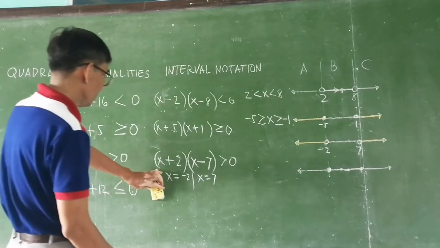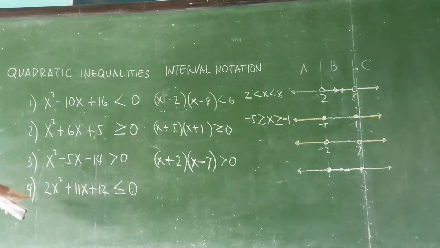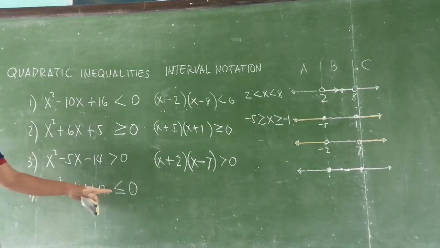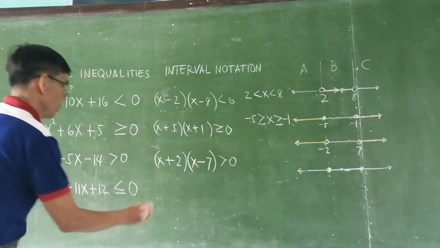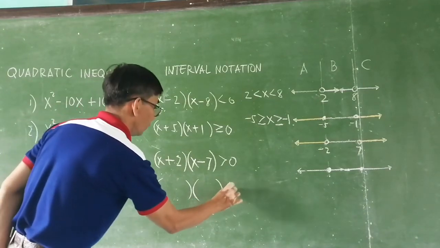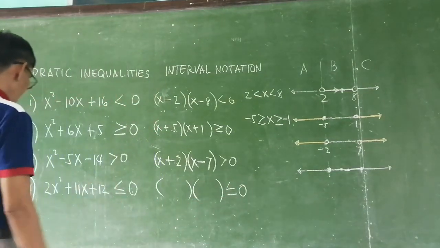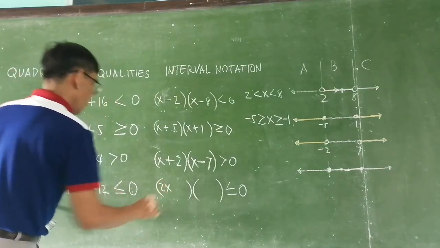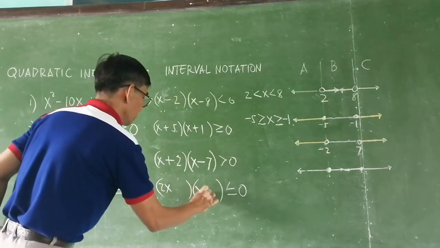So lastly, for number 4, 2x squared plus 11x plus 12 less than or equal to 0. We can factor that also as, of course, one here is 2x and the other here is x.